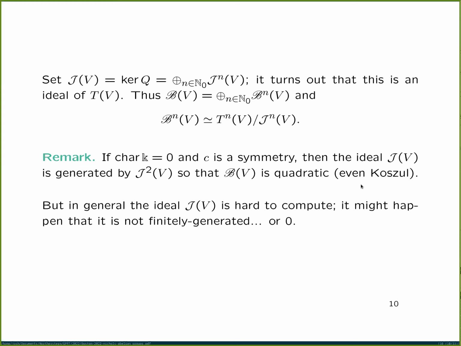In general, the ideal is very hard to compute. We do not know, except in some situations, whether it will be finitely generated or not. And in fact, it could be not finitely generated, or it could even be the zero ideal.